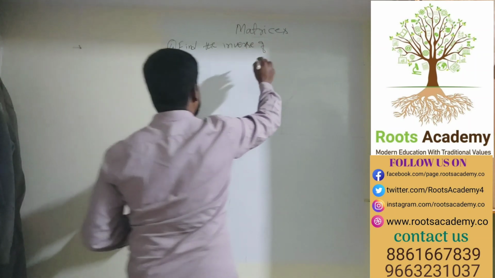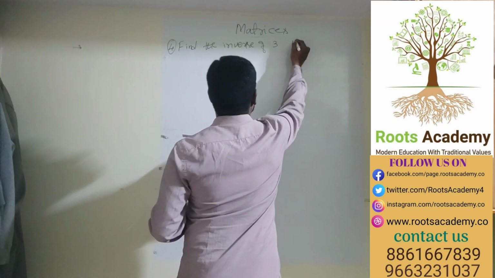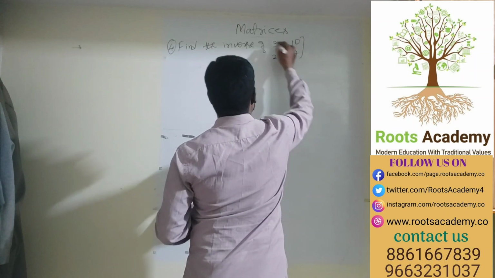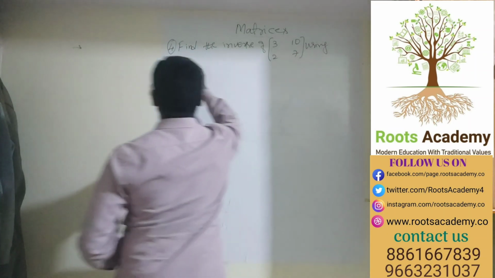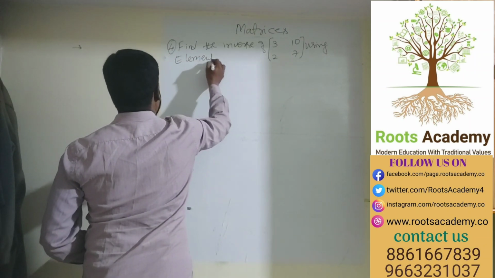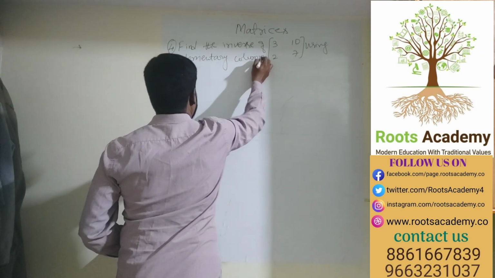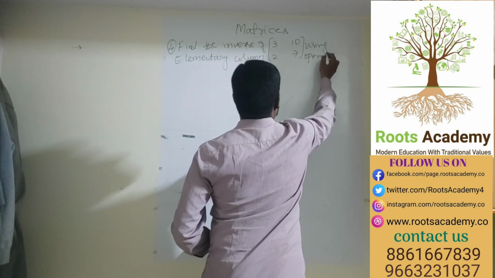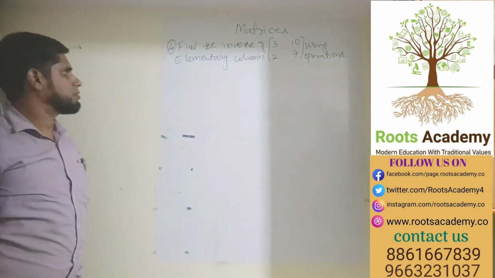Find the inverse of matrix 3, 10, 2, 7 using elementary column operations.